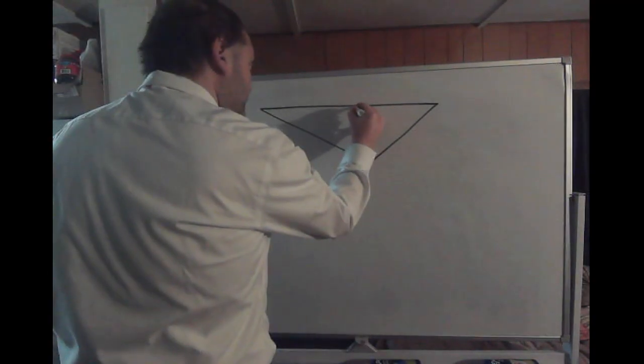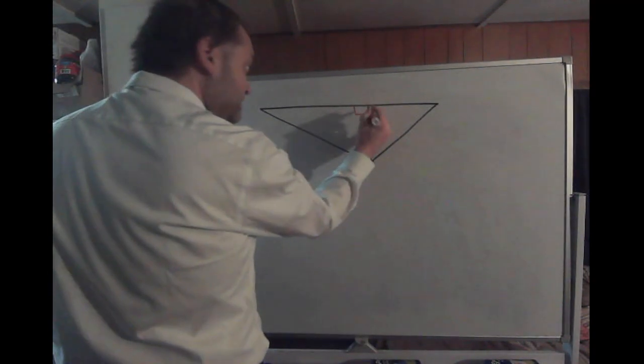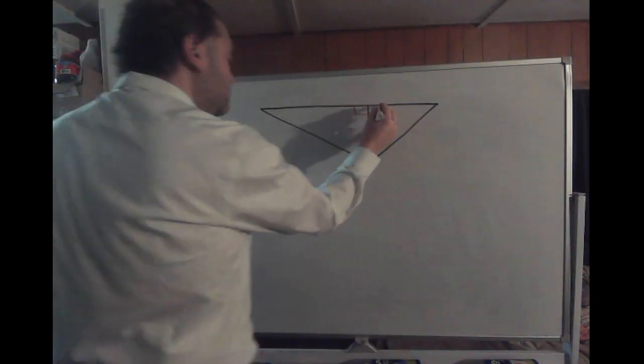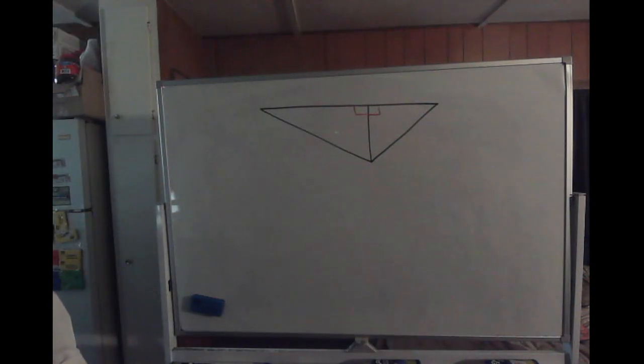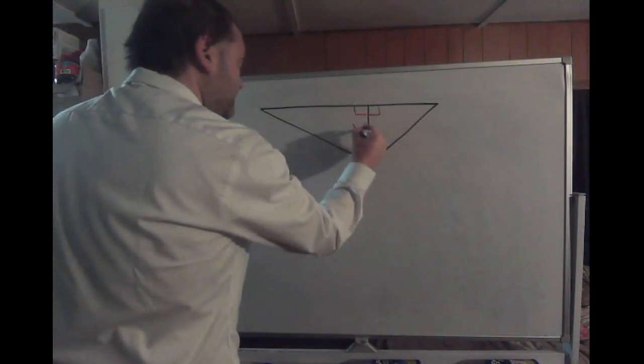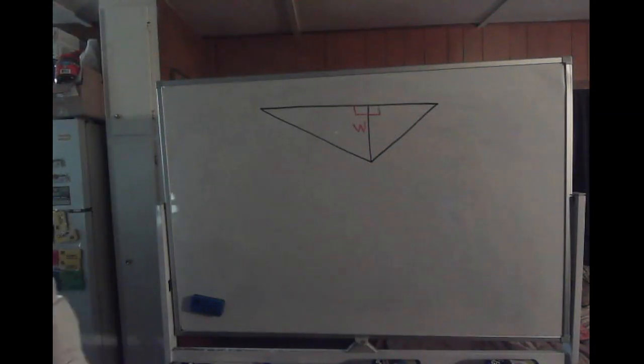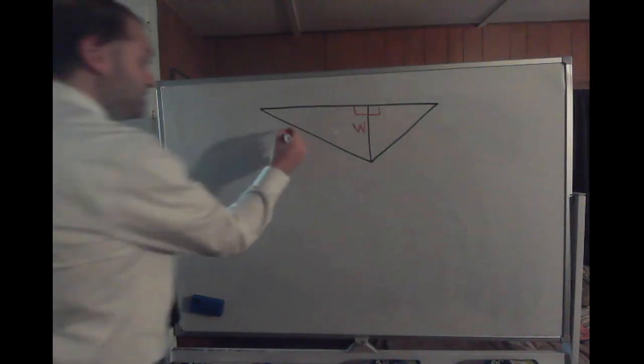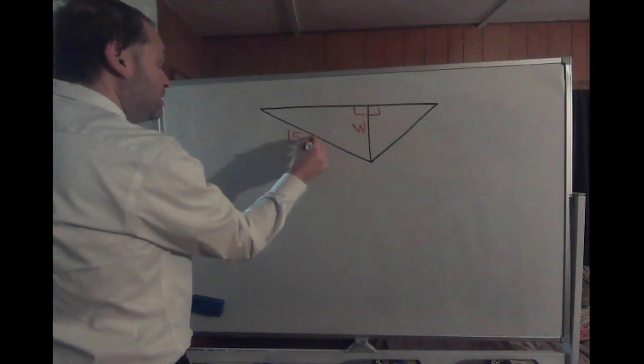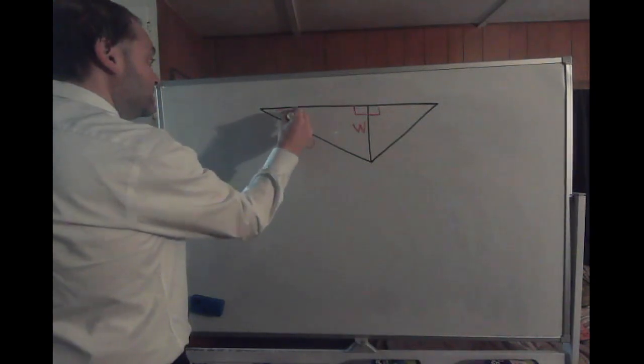We have a right triangle here, which by default would make this one a right triangle too. What else do we get? This leg has length W. This is 150. This is 30 degrees.